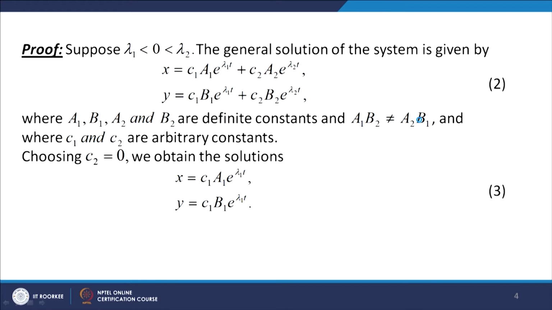Now, let us see how we get a saddle point here. Suppose lambda 1 is less than 0 and lambda 2 is greater than 0. So, that means lambda 1 is negative and lambda 2 is positive. This we do for definiteness.